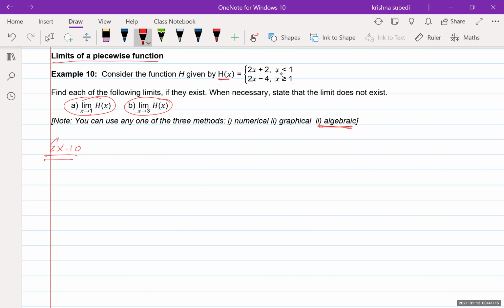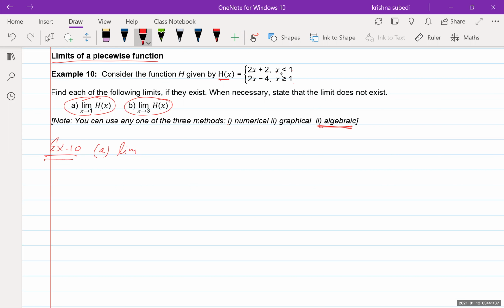Example 10, part A. Limit. So remember, guys, when a piecewise function is given, I strongly recommend you use the left-hand limit and right-hand limit approach, because there are different pieces.